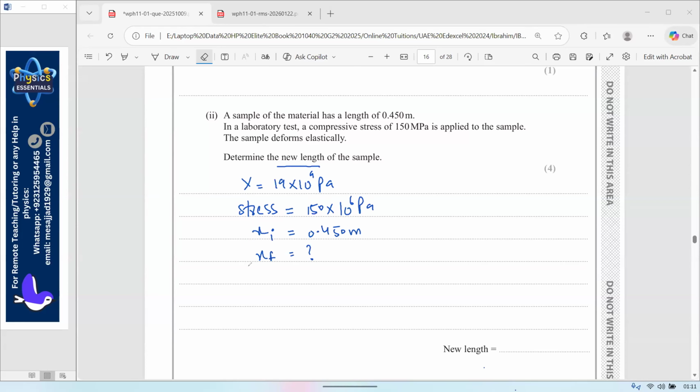So first of all, writing the Young modulus formula, E equals Fx over A delta x. My apology, not like this one. We need to write stress over strain.